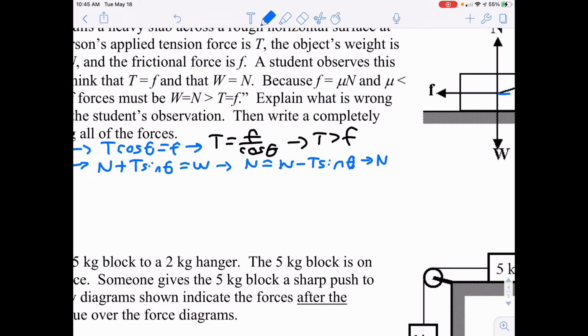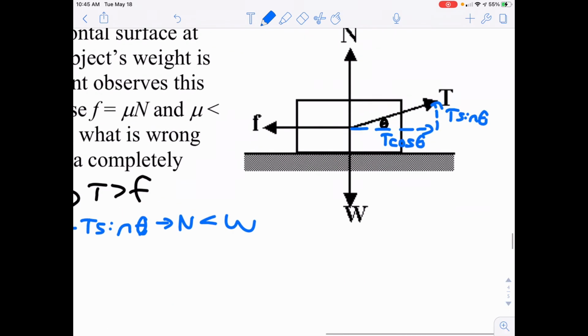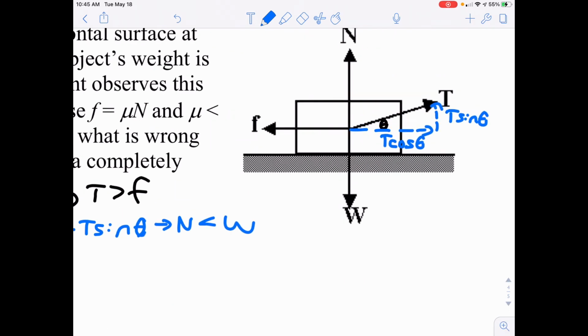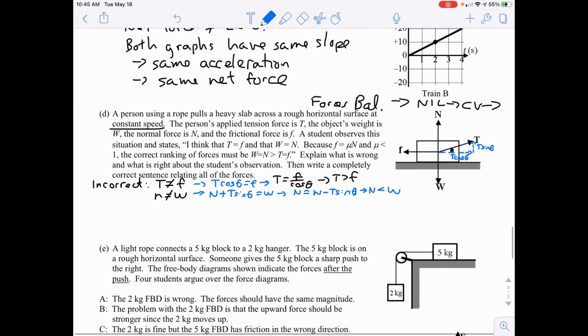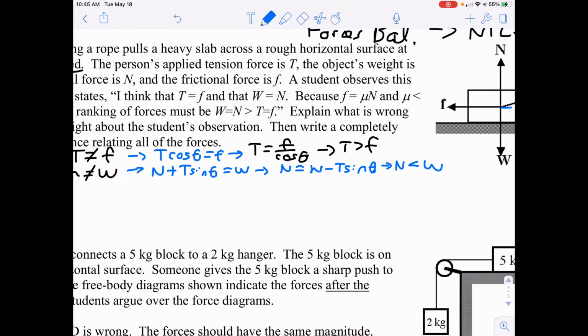If we're subtracting from the weight, the normal force is going to be a smaller number than the weight. And this should make sense because if we're pulling at an angle off the ground, it means the force coming from the ground should be less than the weight pulling downwards.